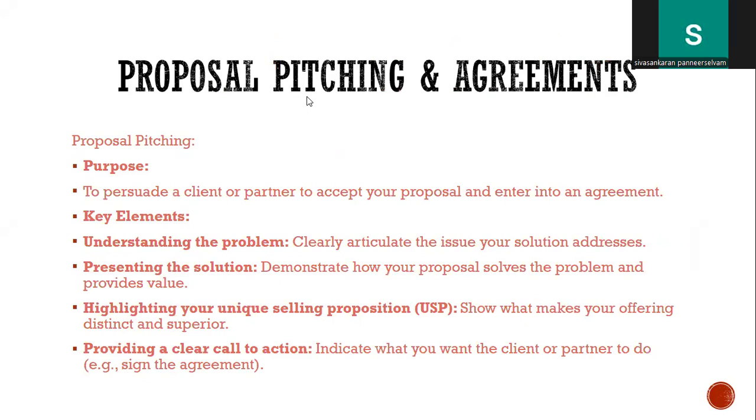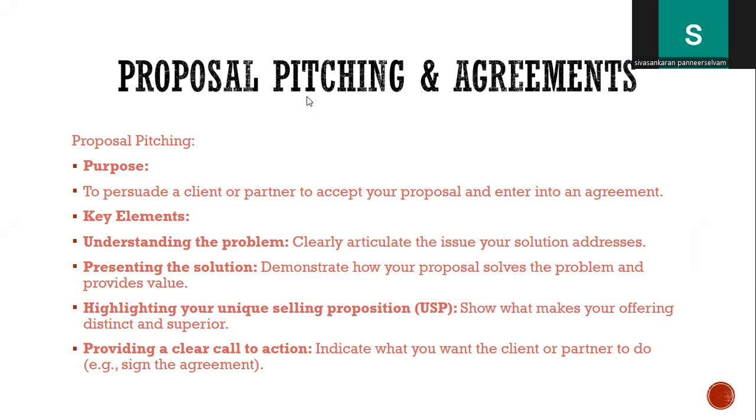So now we are going to see what we mean by business proposal pitching and agreement. So what is the purpose of proposal pitching? The primary purpose is to get our proposal accepted in front of our partner by entering into the agreement. What are the key elements?